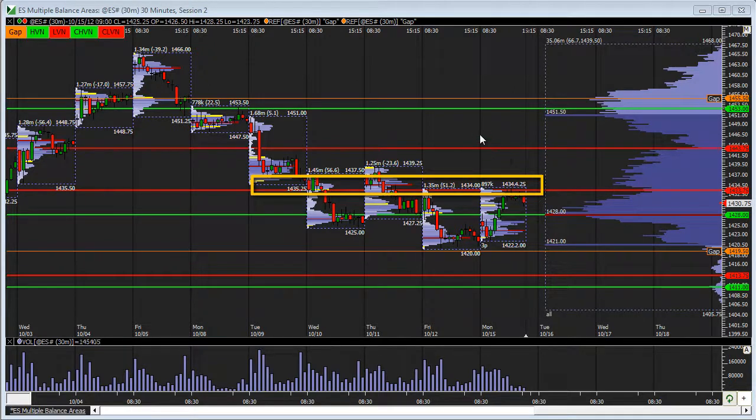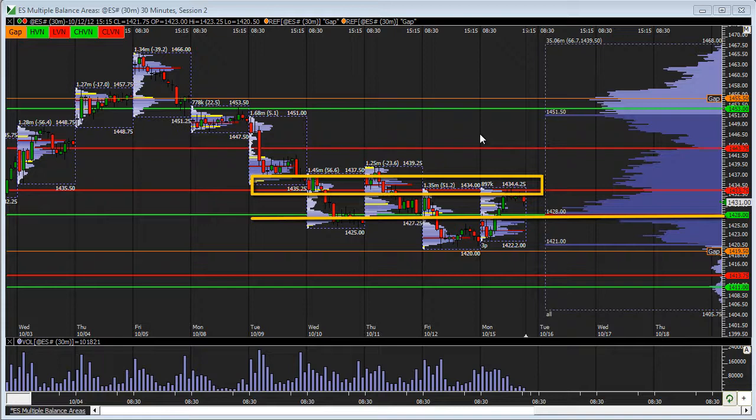So over the next few days, we're going to be keeping an eye on 1428 as a key level, and then on the upside we still want that idea to play out. So if buyers are really going to push, we still want them to make a push above this 1435 to 1437 area, and once that happens, that'll confirm that we're getting some pretty strong responsive buying off these lows.